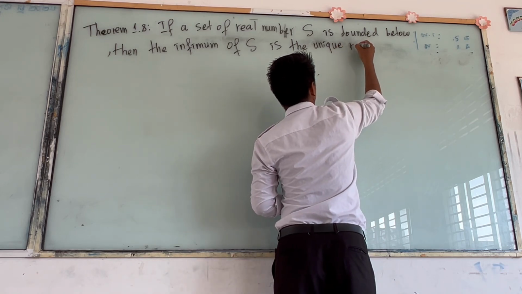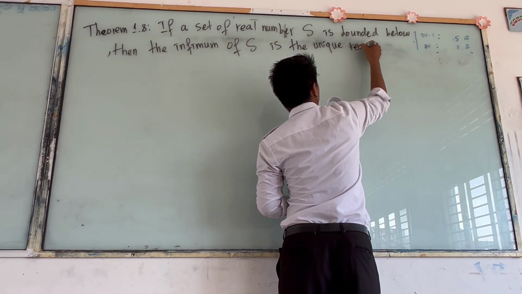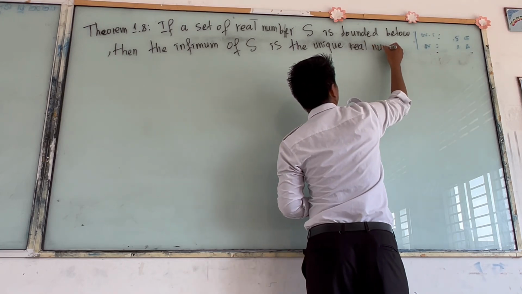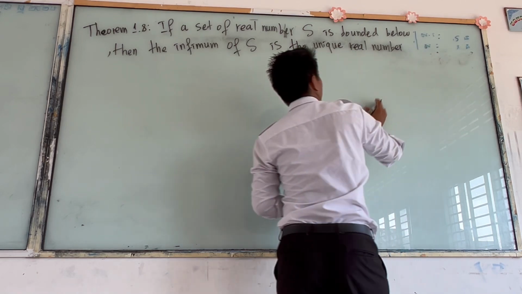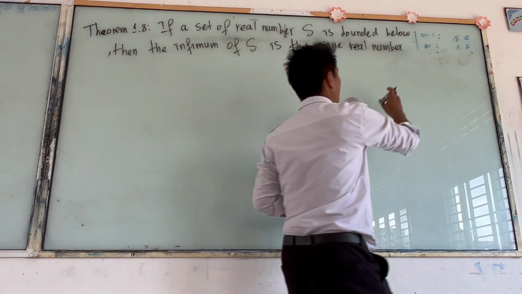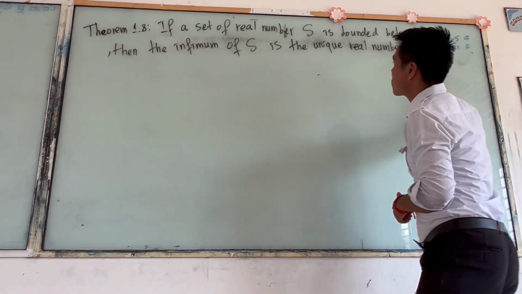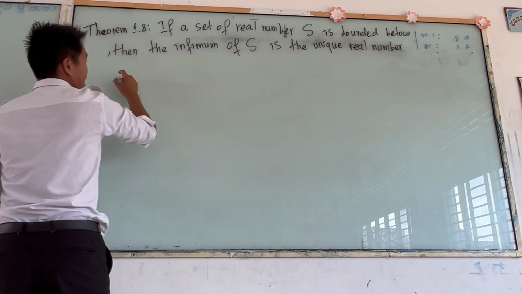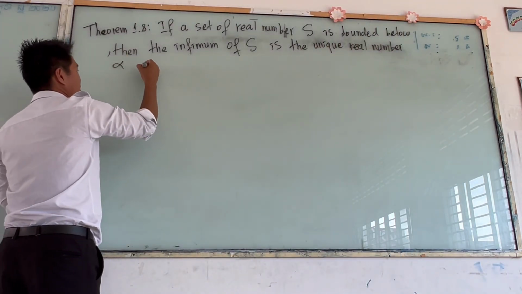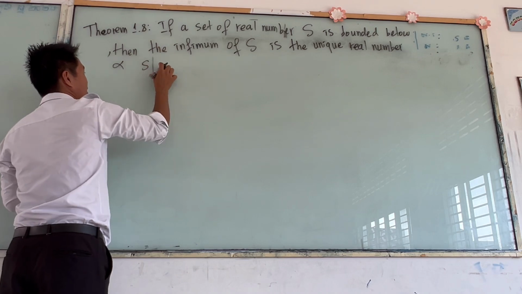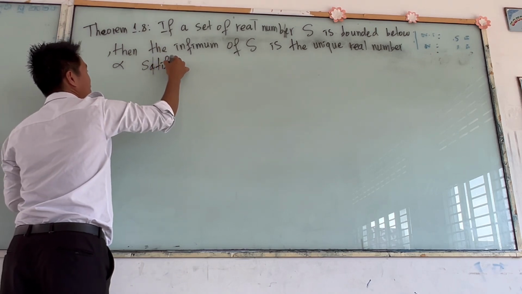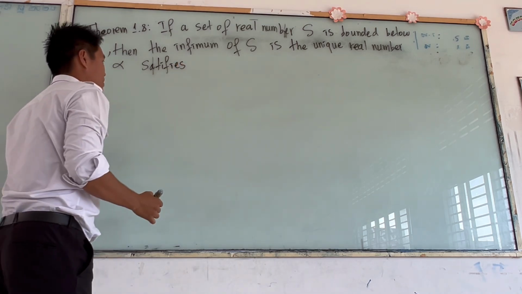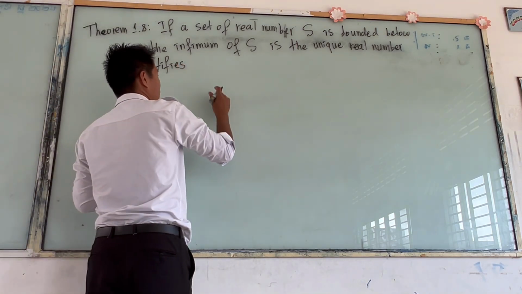The unique real number alpha, we call alpha, satisfying the following conditions.